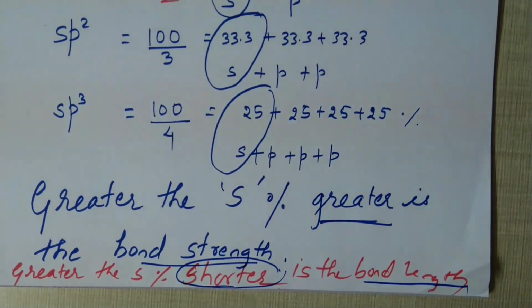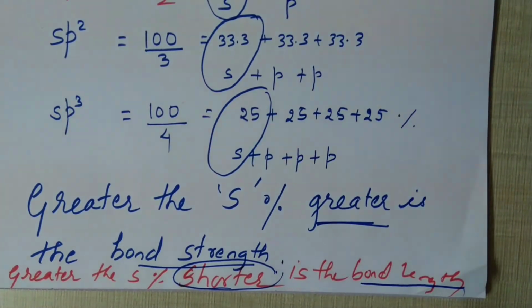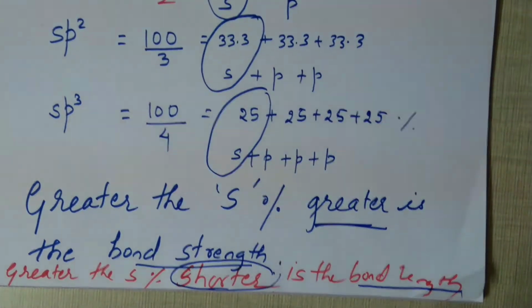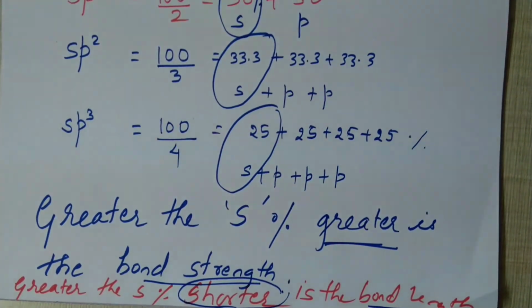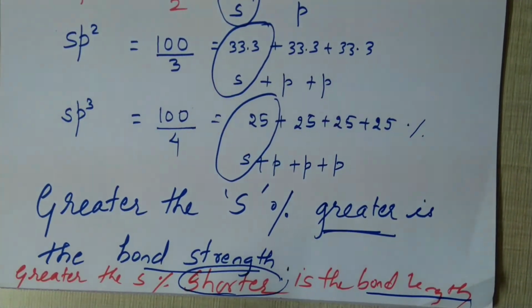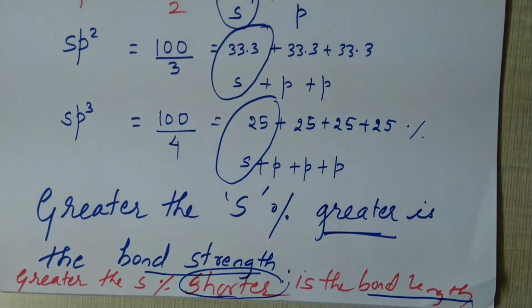So as S character increases, bond length goes on decreasing. Understood? As S character increases, as percentage of S increases, what happens to bond length? It goes on becoming shorter.